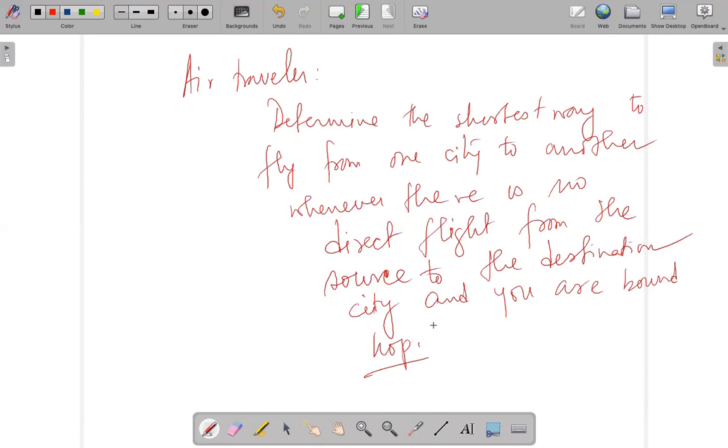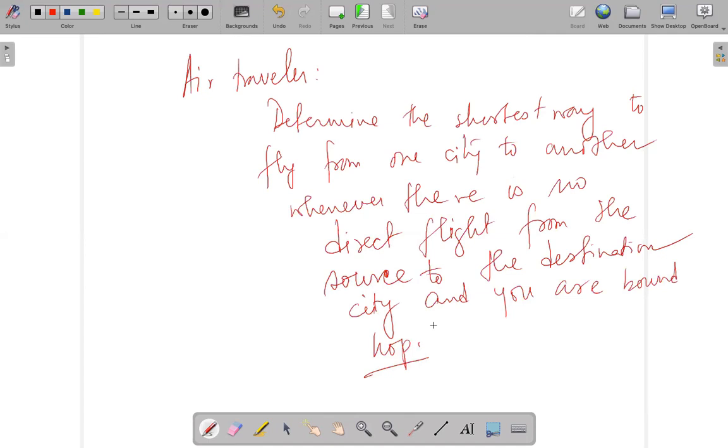Now this minimum, as I said, could be in terms of distance. You might be interested in covering the minimum distance possible, or this could be in terms of flight cost. Maybe you are willing to pay a little bit less but travel for a little bit more time.